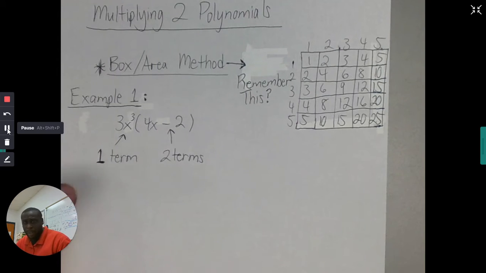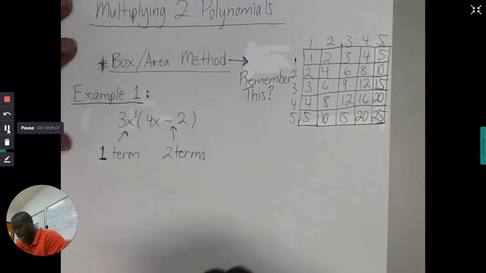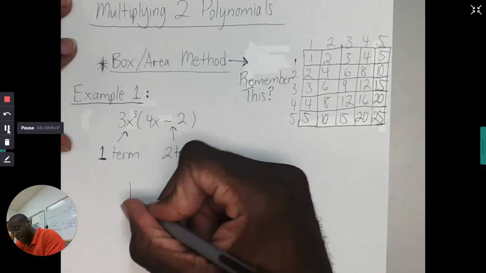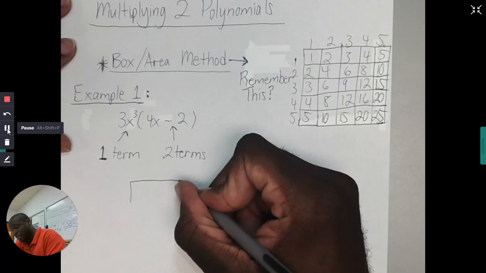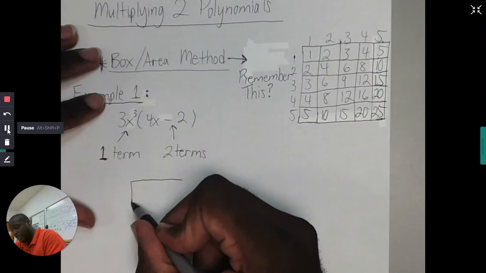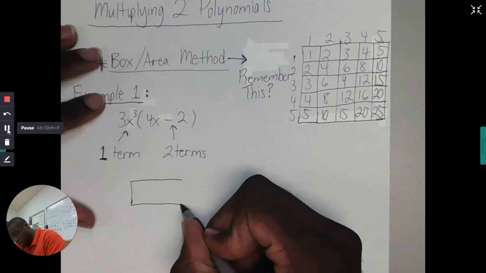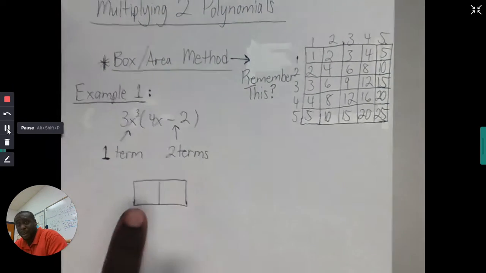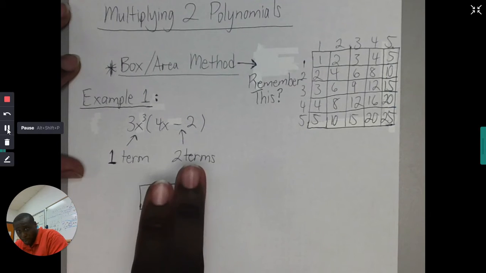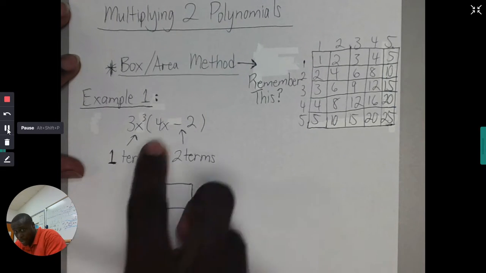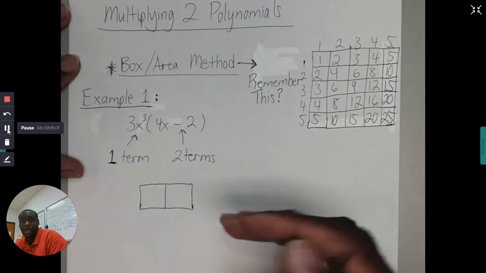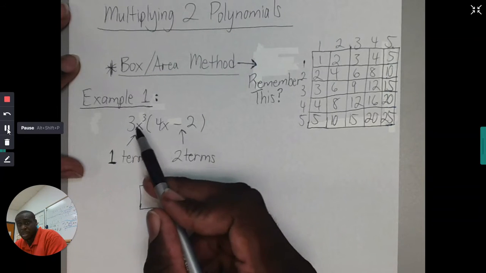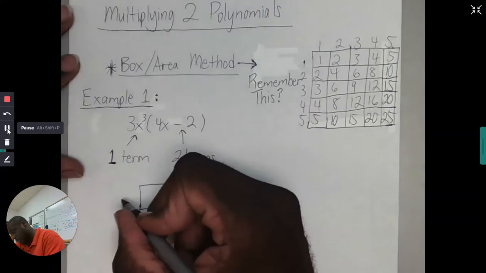So clearly, on one side of the box, you're going to have a place for one term to go, and on the other side of the box, you're going to have a place for two terms to go. In other words, the dimensions of this box are going to be 1 by 2 because you're multiplying one term times two terms. And again, you're going to distribute this term to these other two terms.